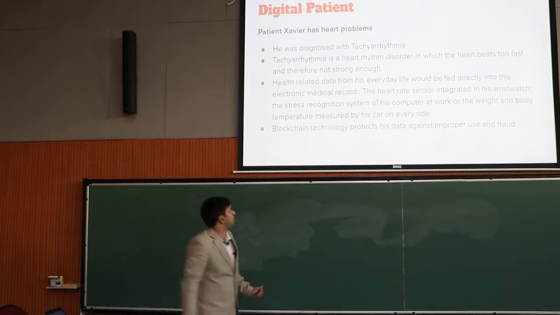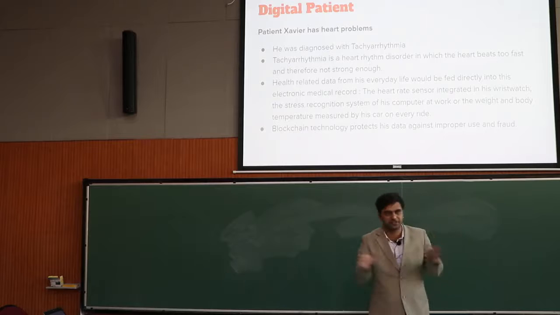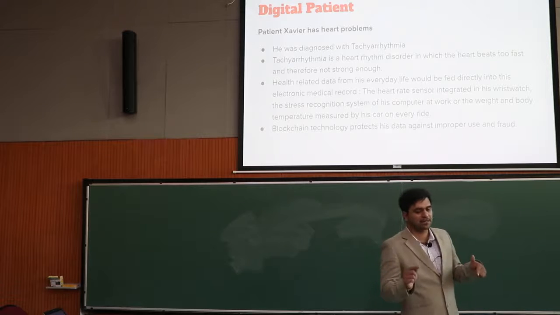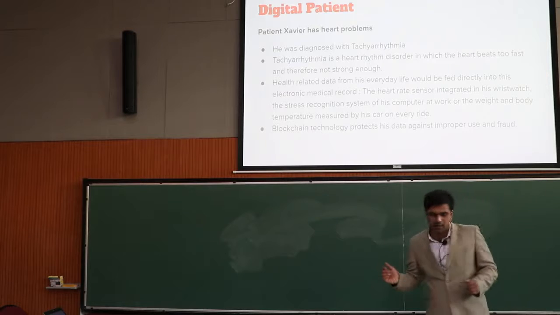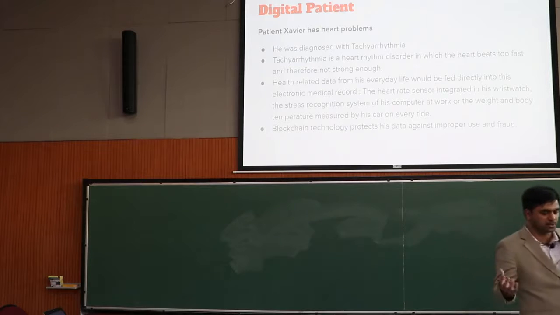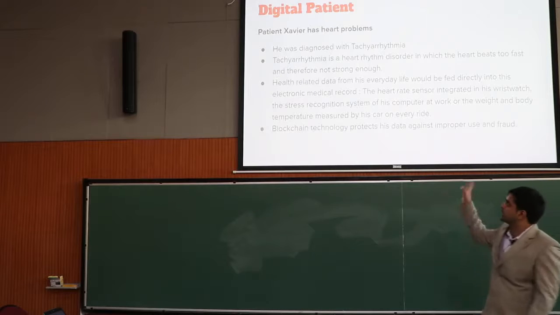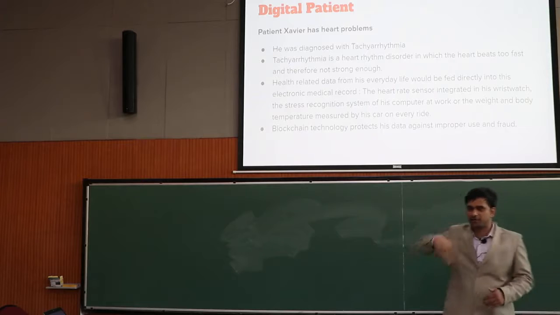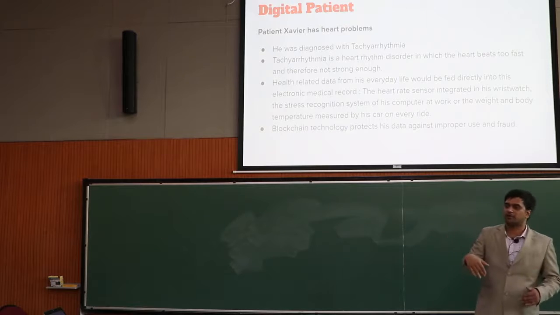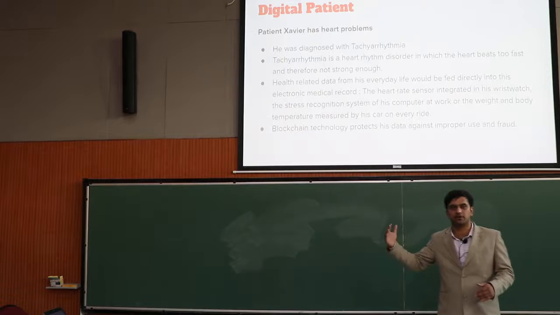So here we have a case study, an artificial scenario where a patient has a condition called tachyarrhythmia. It is a heart disorder, and he has a telemedicine platform, and he has a wearable. This is a European scenario where he is getting an alert beforehand, and the alert is saying that your heart rhythm is not proper.